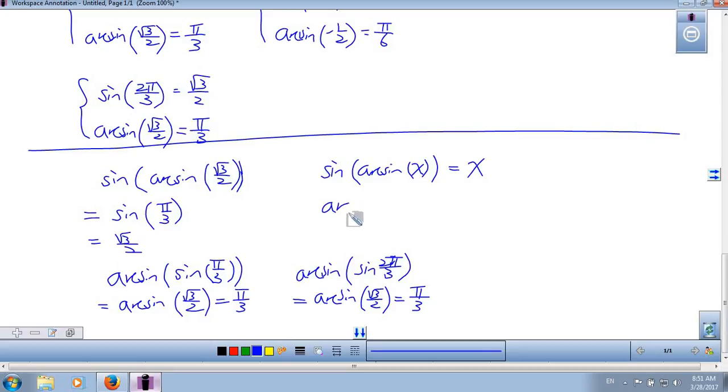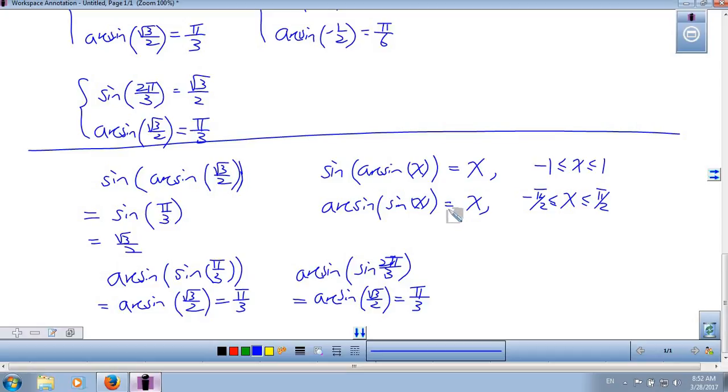Sine of arcsine of x is true for all x in the input, where the input of x is restricted between 1 and negative 1. But if we do arcsine of sine of x, that will only be true if x is between negative pi over 2 and pi over 2.